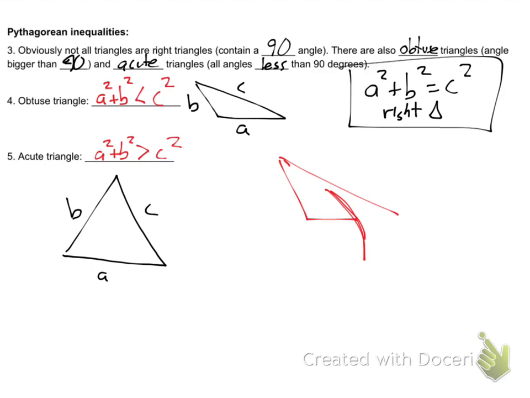So now you have something that looks like this, where the two sides will be longer than what they need to be. Okay? We're going to show that in the next slide, where you're going to be able to tell me if it's an acute, right, or obtuse triangle. Any questions? All it is, are the sides bigger than the hypotenuse when squared, or is the hypotenuse bigger?